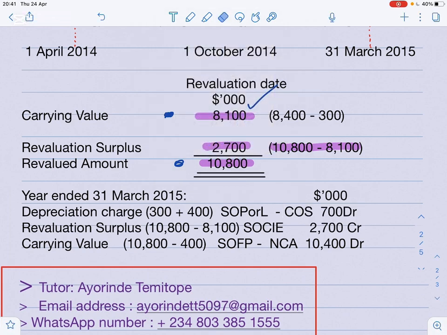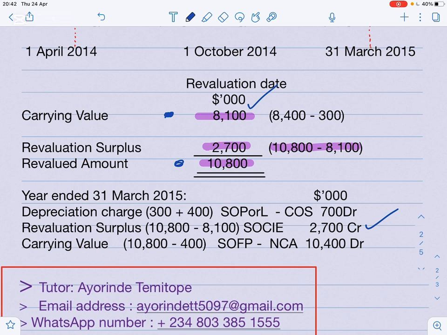So you must have noticed that we have credit attached to it. So revaluation surplus is going to carry a credit entry in our equity statement of changes in equity. It will go in there as a credit item. All right, that's that.